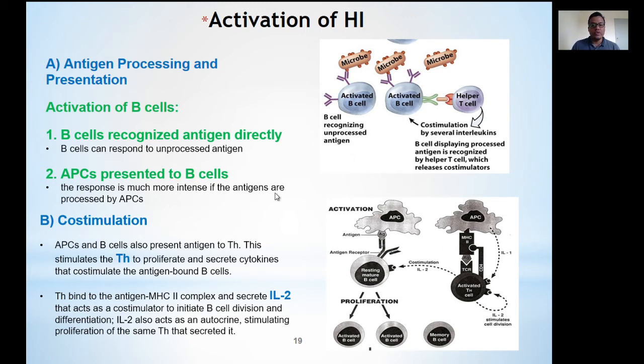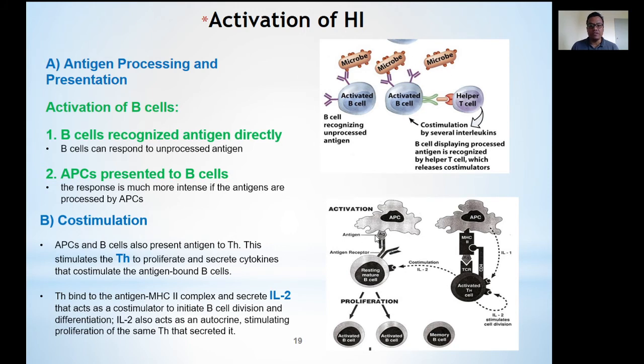So here we can observe there are three ways to activate a B cell. First, they themselves eat or stick the antigen to themselves, look for the antigen and process it, and become activated. Or the antigen is presented to them by the APCs. Or both of these go and meet the T helper, present the antigen to it, and then the T helper will produce a lot of cytokines to stimulate everything.